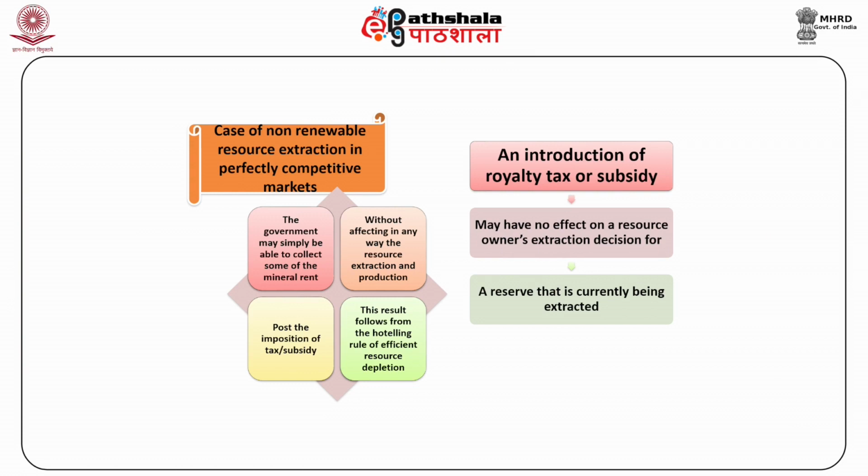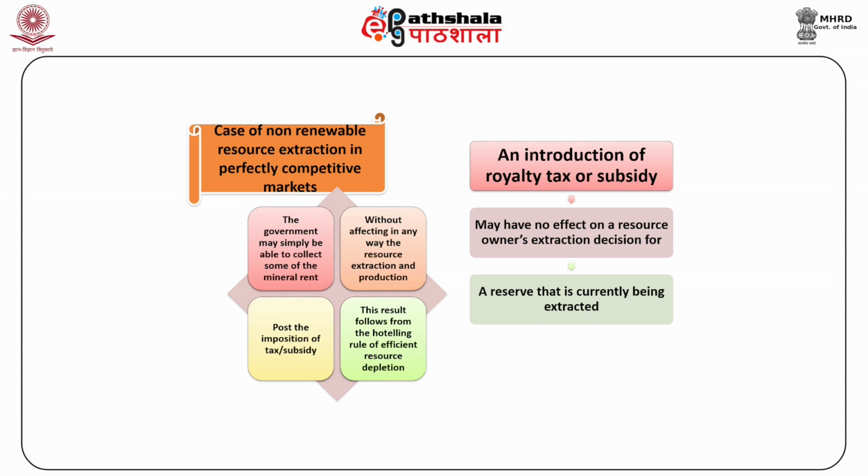So far, we discussed a socially optimal pattern of natural resource use over time. We now consider the case of non-renewable resource extraction in perfectly competitive markets. The introduction of a royalty tax or subsidy may have no effect on a resource owner's extraction decision for a reserve that is currently being extracted.